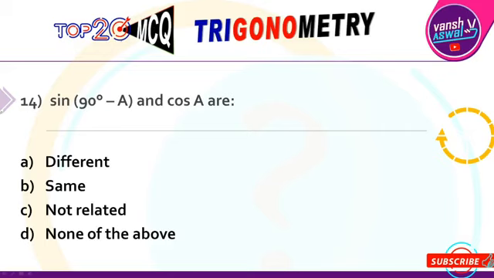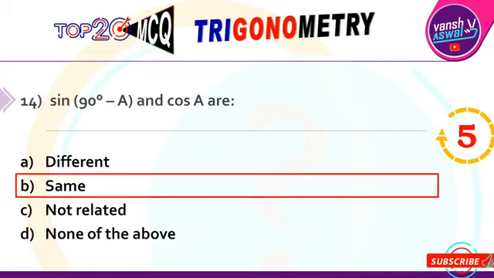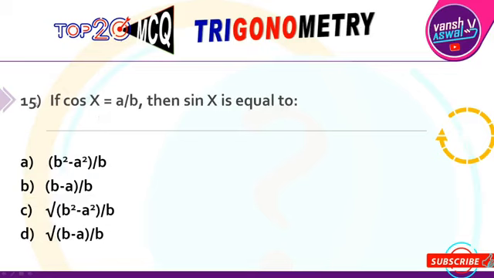Question number 14, sin 90 minus A and cos A are. Option B, same. 15th question, if cos x is equal to A divided by B, then sin x is equal to.